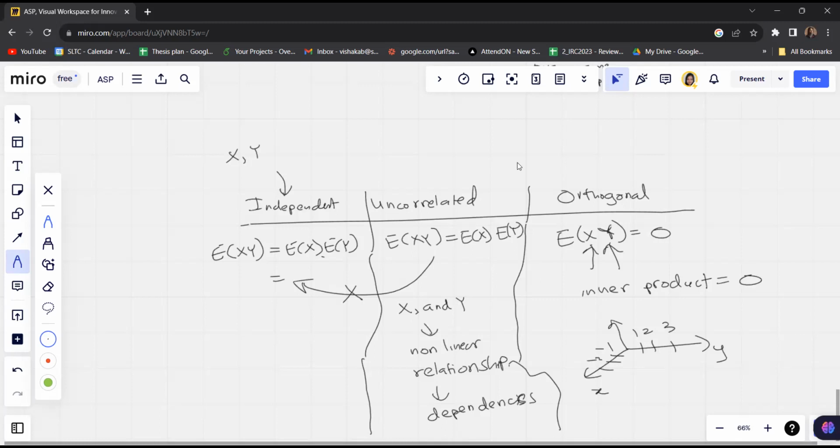By taking all the possible XY values and taking the average of all those XY combinations, the average will equal 0 in this situation.